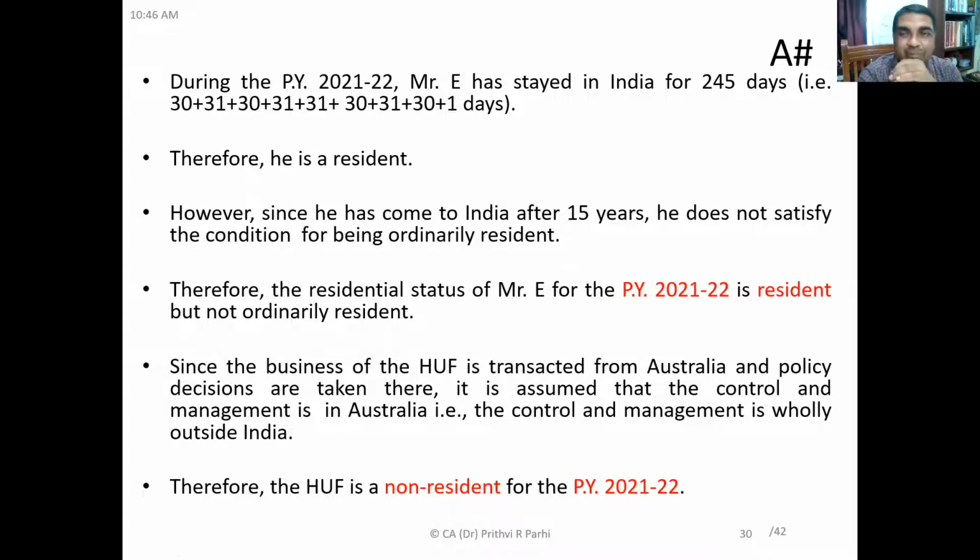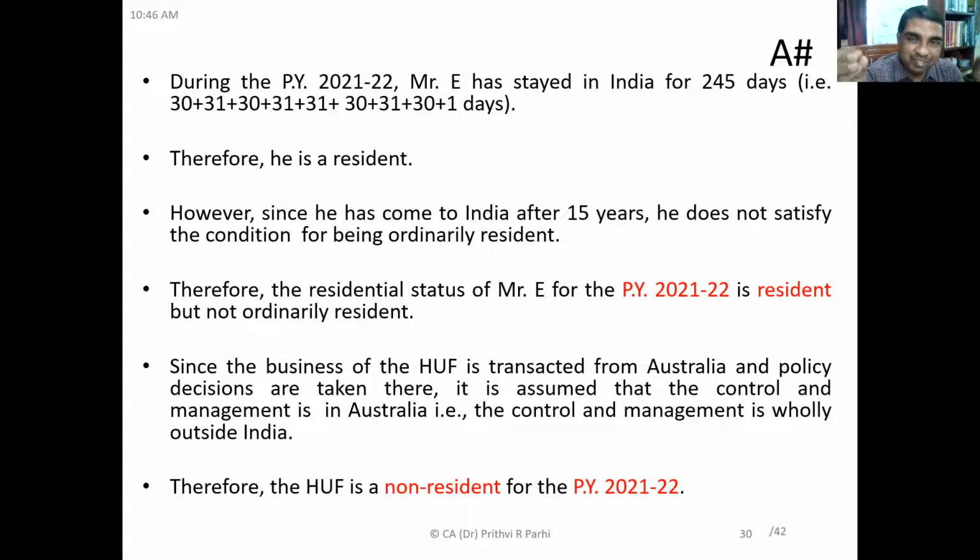However, you have to remember he has come to India after 15 years. Once he is resident, we again have to classify whether he is resident and ordinary resident. For that you have to see 7 preceding previous years, 730 days, and 10 preceding previous years, resident in 2 years.